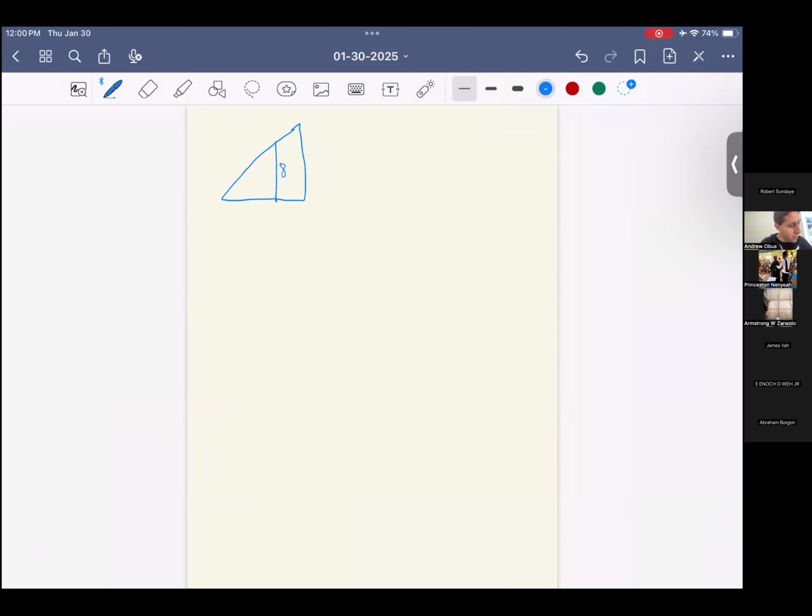We have 8, 4, and x and y. And this over here is L, but I won't even label L. So similar triangles have a common ratio of their corresponding sides.